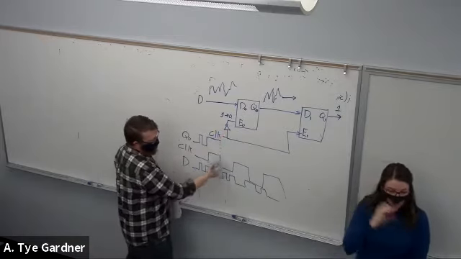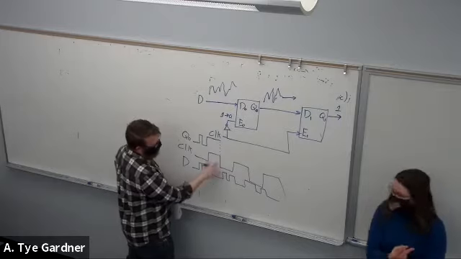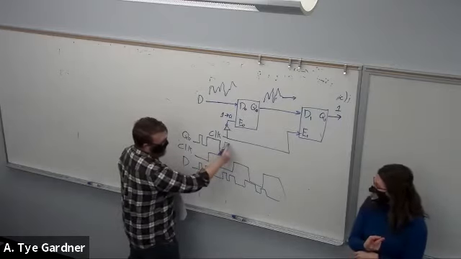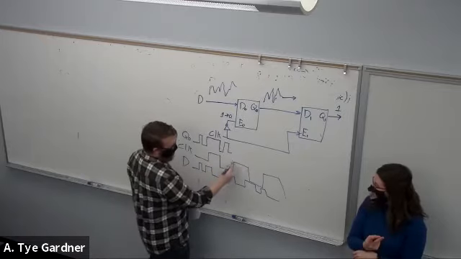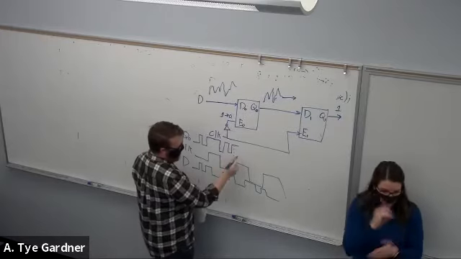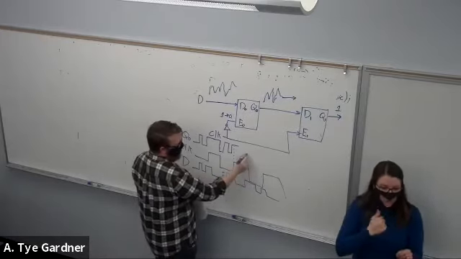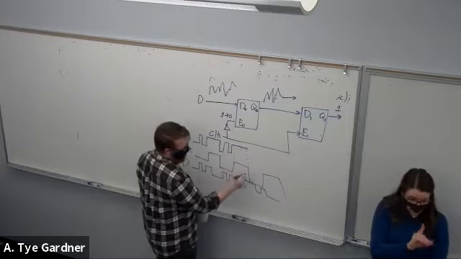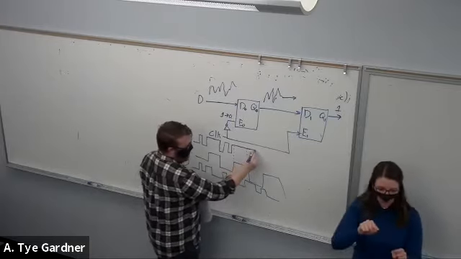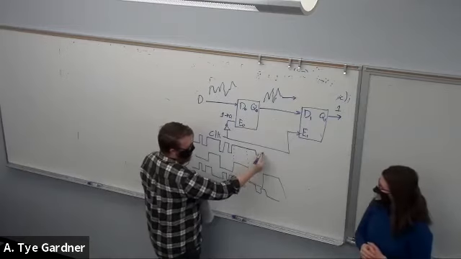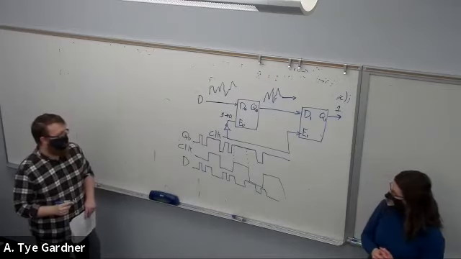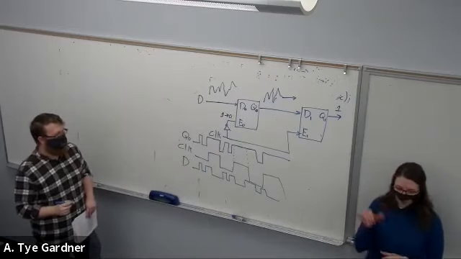And then we just follow D again. Well, we're low here. And then we rise here. So we're going to stop following after we rise. And we hold on to that same value until it falls. We're still at a 1. Okay, so that's Q naught.